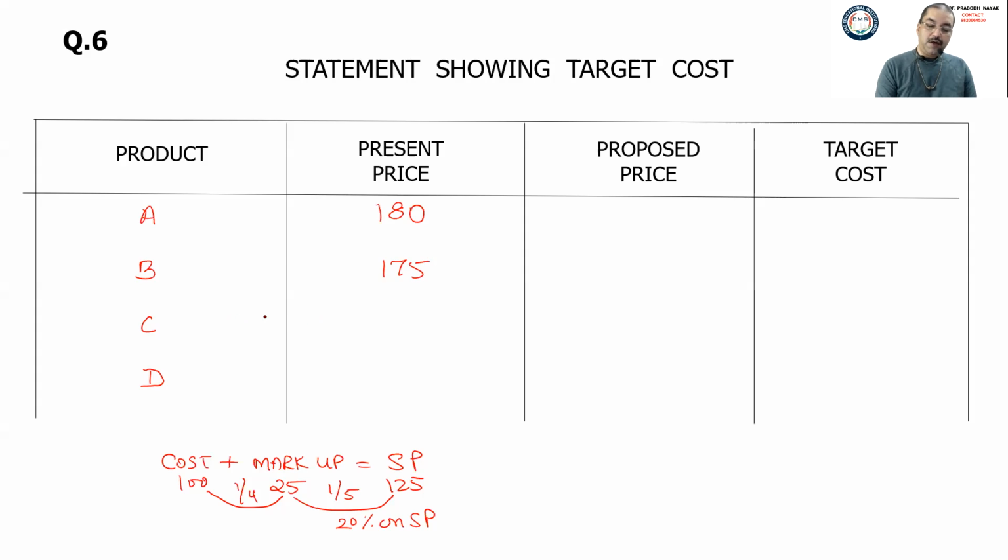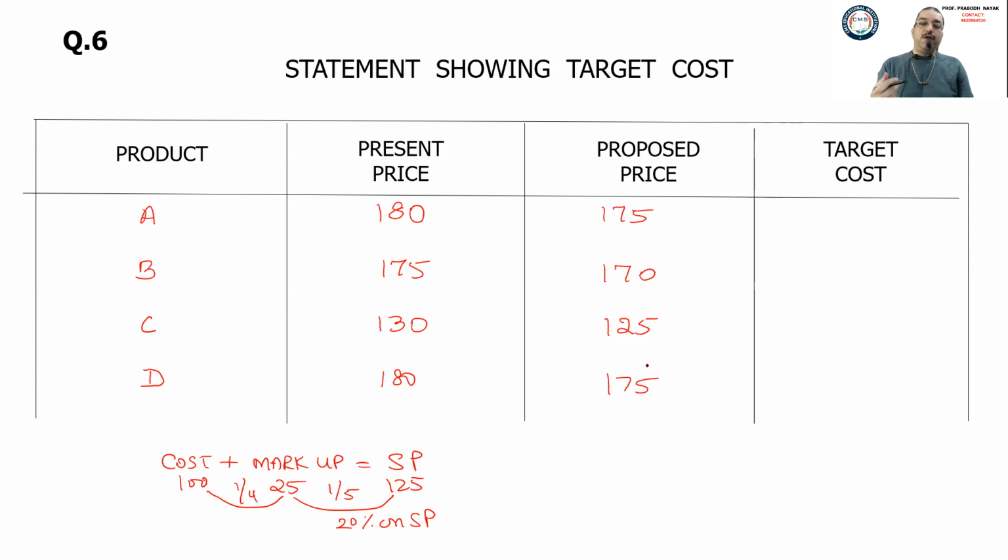Product C is 130. Product D is 180. What are we proposing to do? Reducing it by 5 rupees. So 180 minus 5 is 175. This will be 170. This will be 125. And this will be 175.